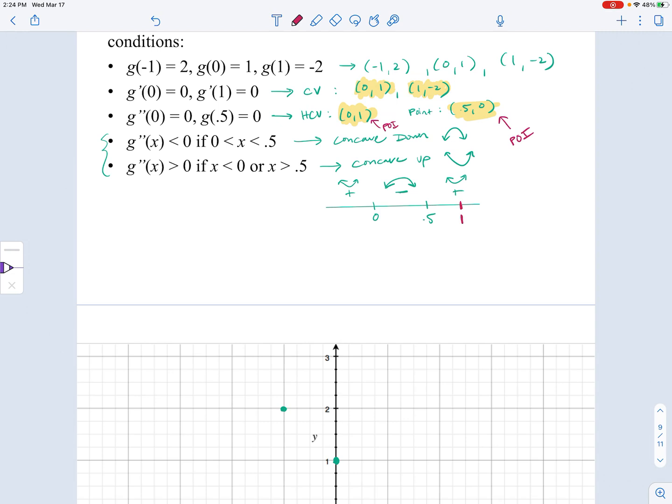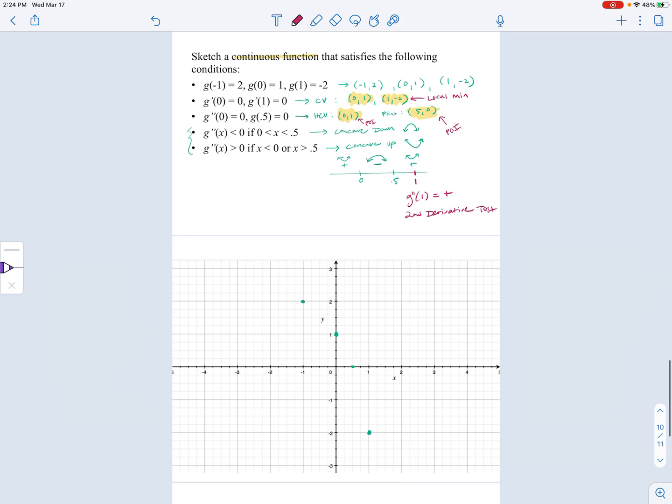Since 1 lies on the interval from 0.5 to infinity, g double prime of 1 would have to be a positive value, meaning that critical value lies on an interval where the graph is concave up, which by the second derivative test makes (1, -2) a local minimum.